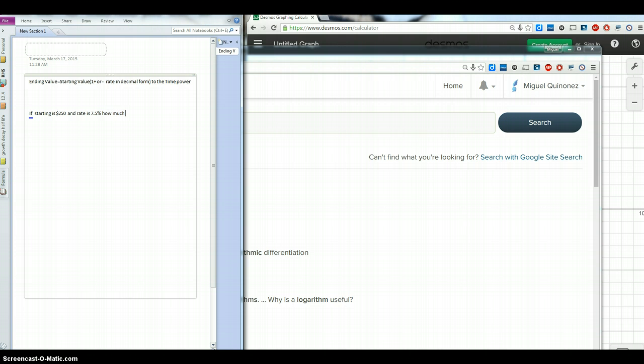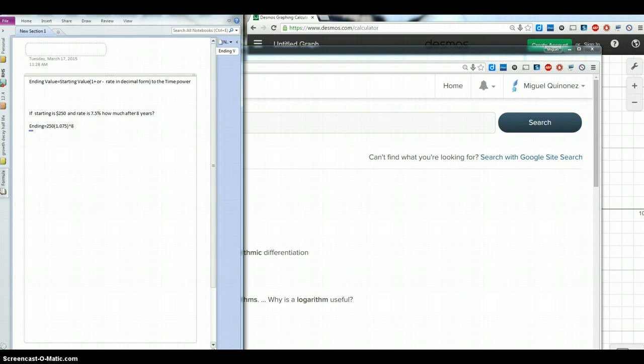How much after 8 years? Okay, so my equation will look like this. Ending equals 250, that's the starting. And we're going to be increasing on this one, so it'll be 1.075 to the 8 power. That's the equation. Calculator will solve that in a snap.